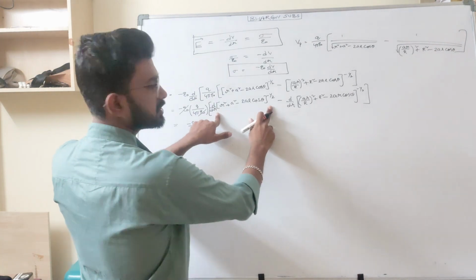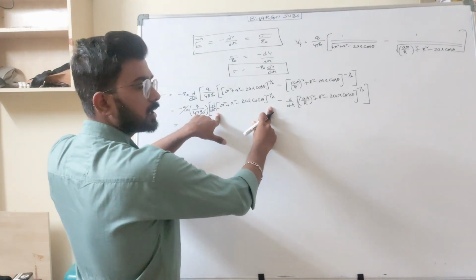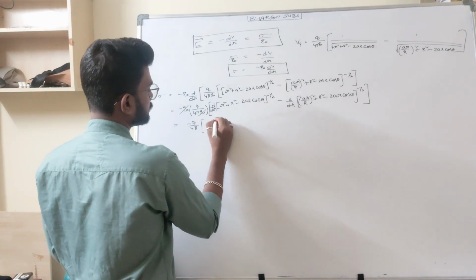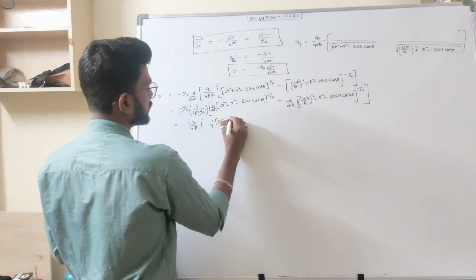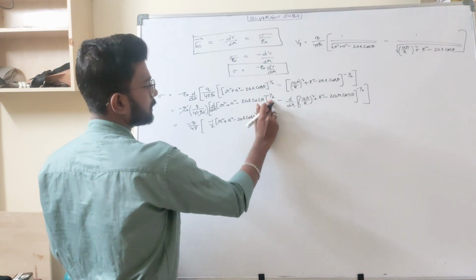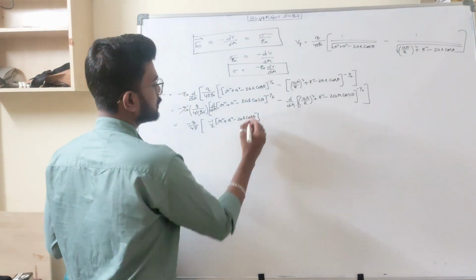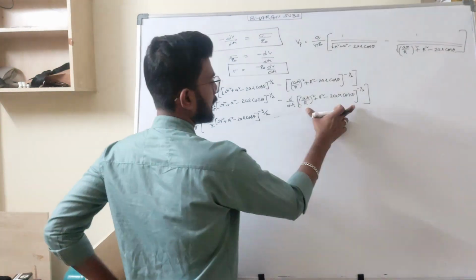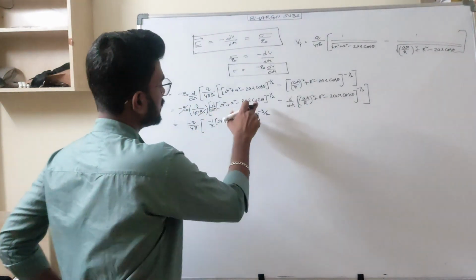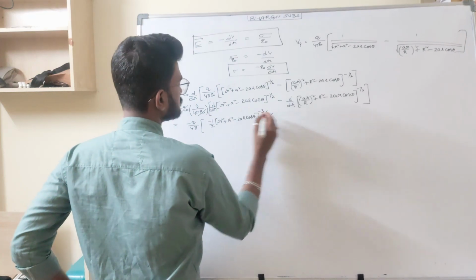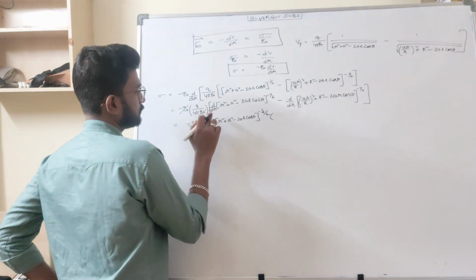Differentiation of x to the power n is n into x power n minus 1, so minus 1 by 2 minus 1, which is minus 3 by 2. Again I have to differentiate the inner part, inside the bracket, with respect to small r only.